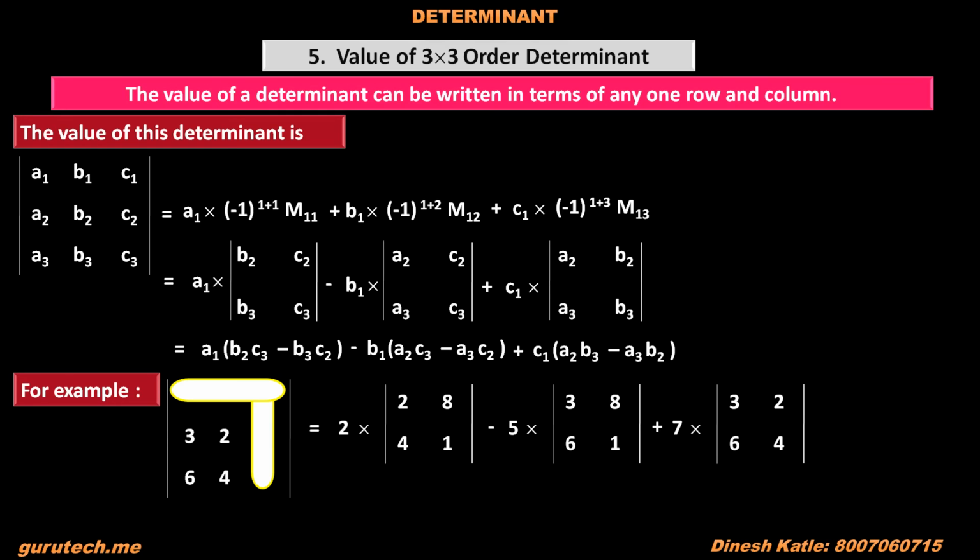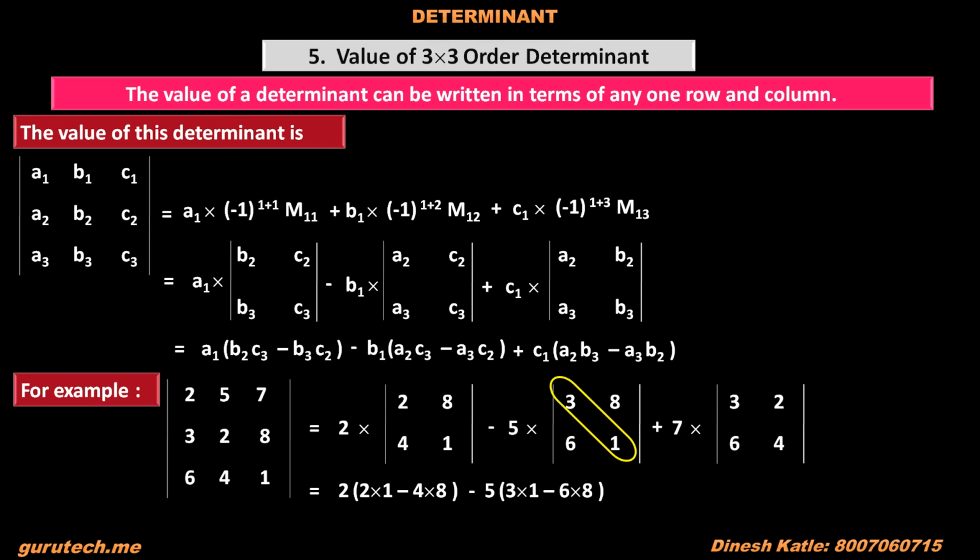into its minor 3, 2, 6, 4, is equal to 2 into value of its minor 2 into 1 minus 4 into 8, minus 5 into value of its minor 3 into 1 minus 6 into 8, plus 7 into value of its minor 3 into 4 minus 6 into 2, is equal to, solving this above step, we get 165.